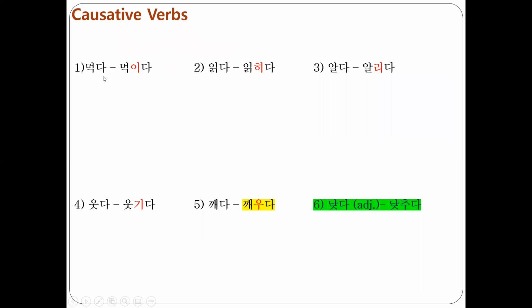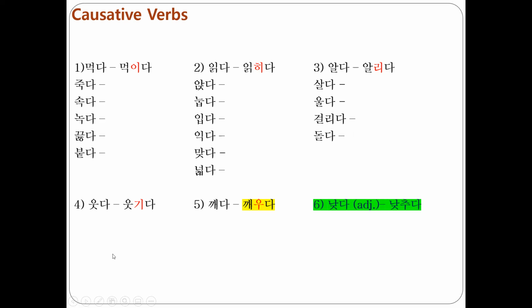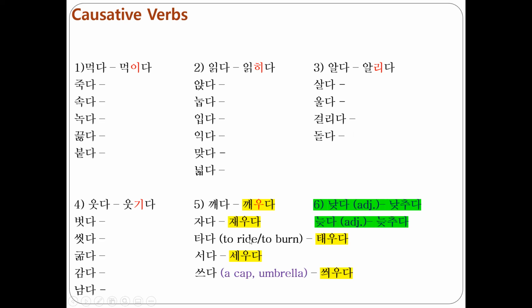By adding a suffix to an active verb it becomes a causative verb, like 이 suffix, 히 suffix, 리 suffix, 기 suffix, 우 suffix, 추 suffix. In this case, adjectives also have causative verb forms입니다.